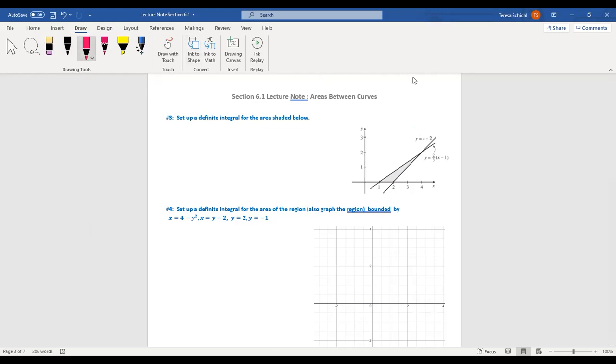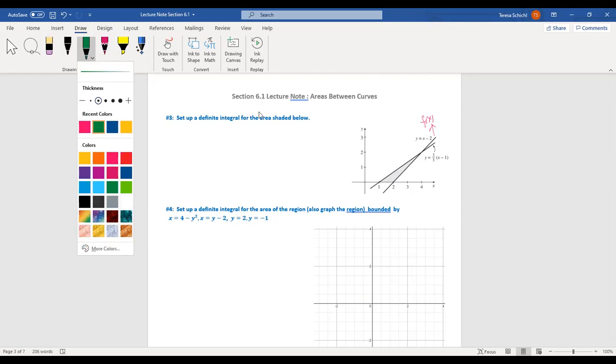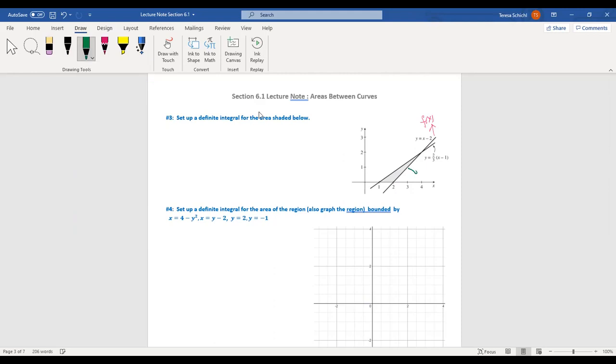For this line, can I say this is f of x, and this line is g of x, and just use f of x minus g of x?